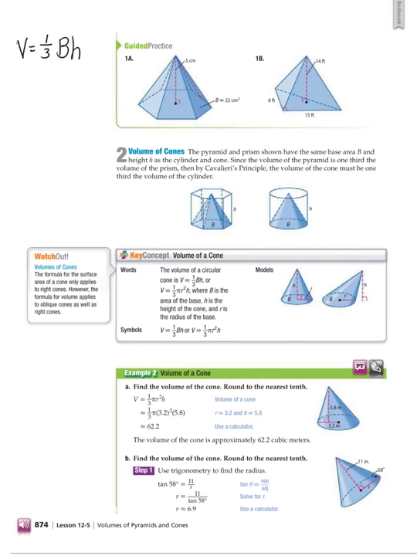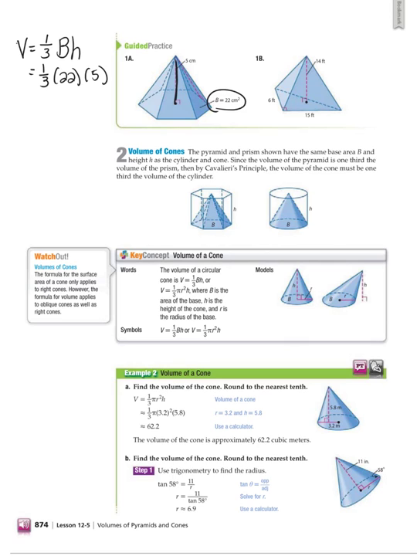so you know what to focus on, what you know and what you need to find. The uppercase B this time is given to be 22. And again, the height is the height of the pyramid. So I'm going to multiply 22 times 5, and I'll divide that answer by 3.